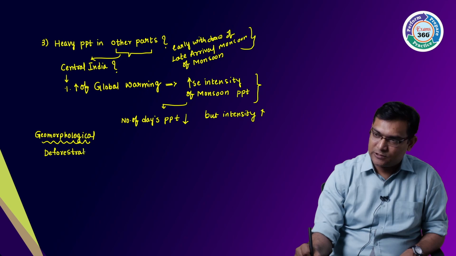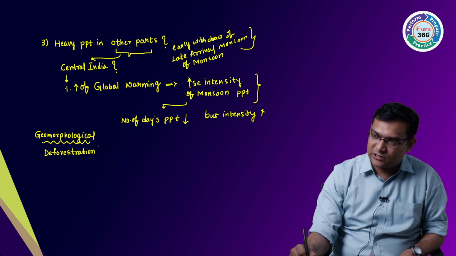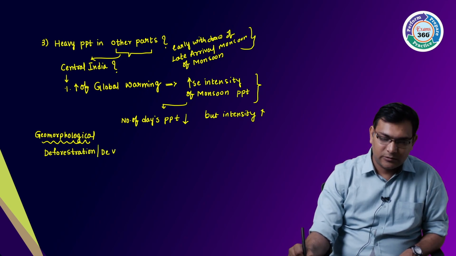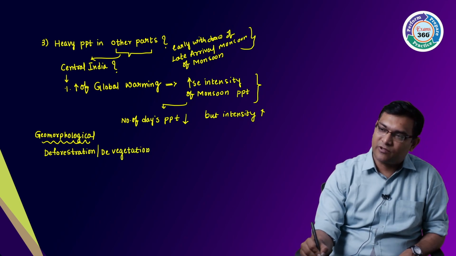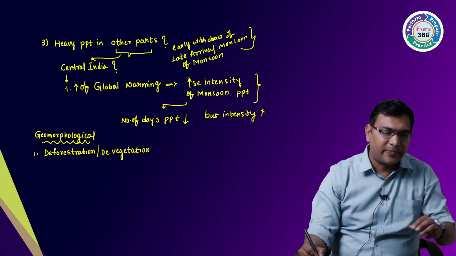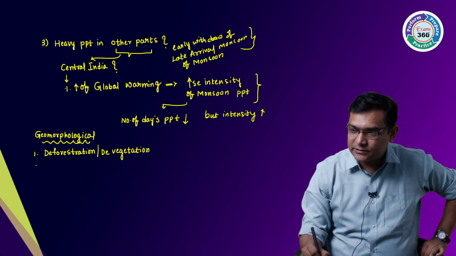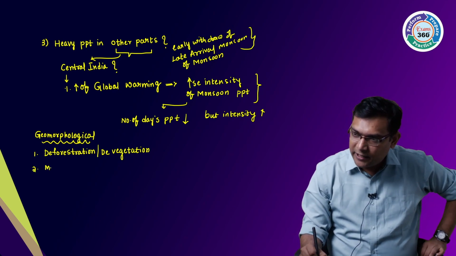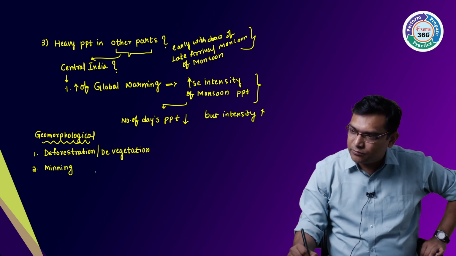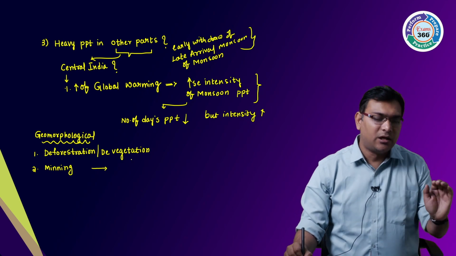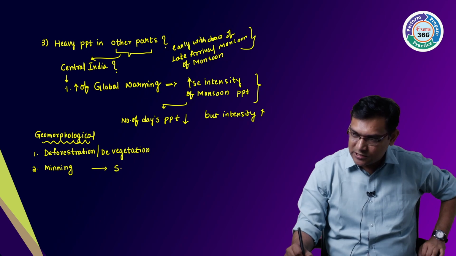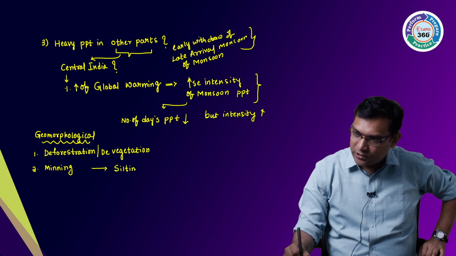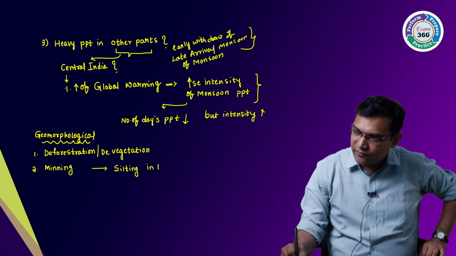Deforestation or devegetation, first cause is this. Then mining, and because of mining, siltation of the rivers, silting will take place.